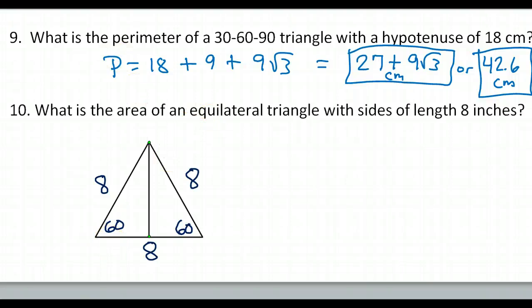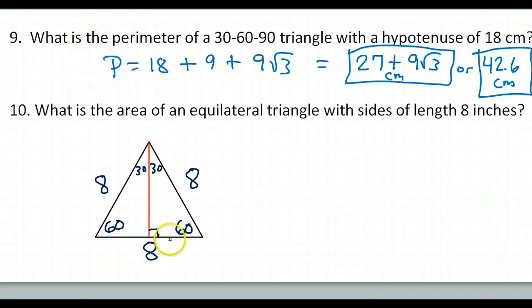Here's my height. But this height is splitting this angle into 30 degrees and 30 degrees. So there I have two 30, 60, 90 triangles. So I should be able to use my 30, 60, 90 triangle knowledge. Of course, this 8 breaks up.